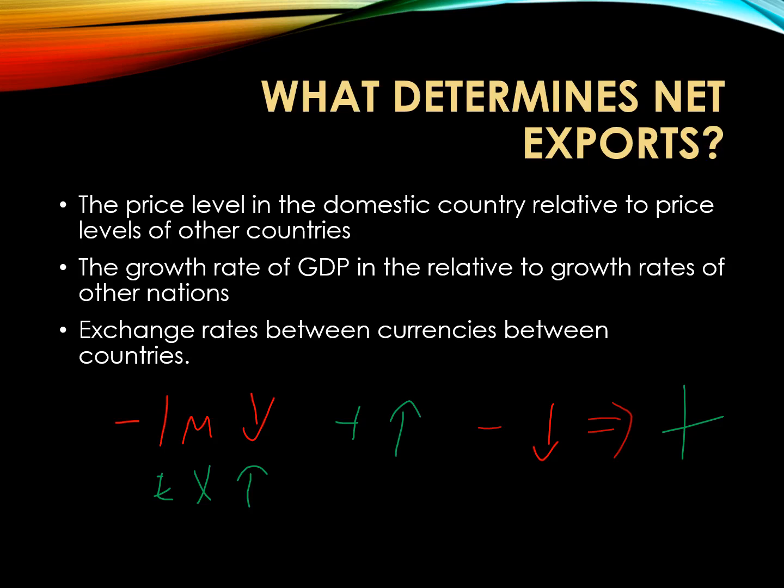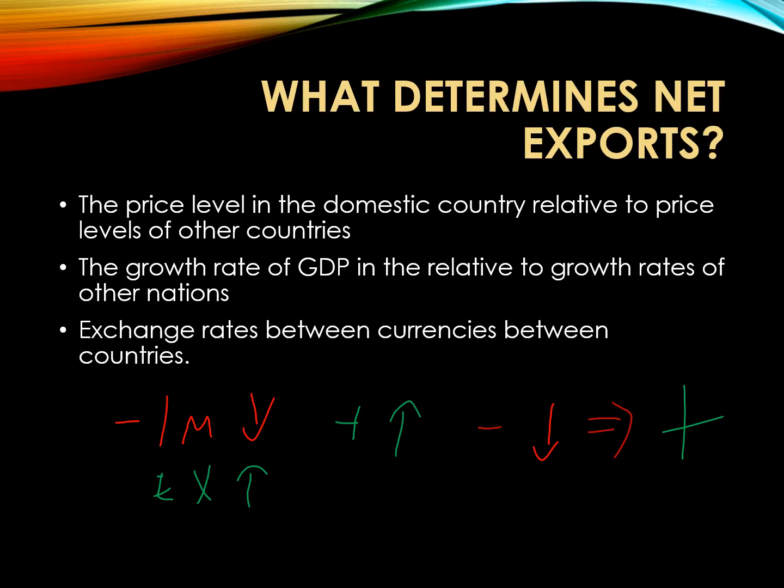Now let's say the growth rate of GDP. Again, this one's kind of funky because in a way it includes income, but because it's a relativity calculation between the growth rate of income here versus the growth rate of income in foreign countries, it's still got to be considered exogenous, because that other variable, the rest of the world's income and economic growth, is not factored in our model.